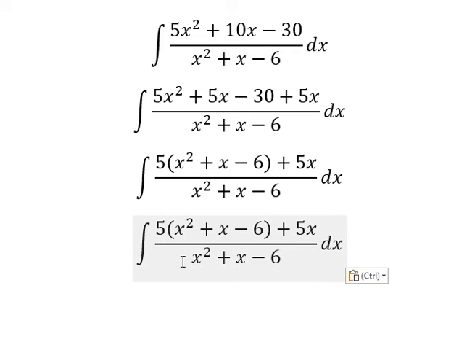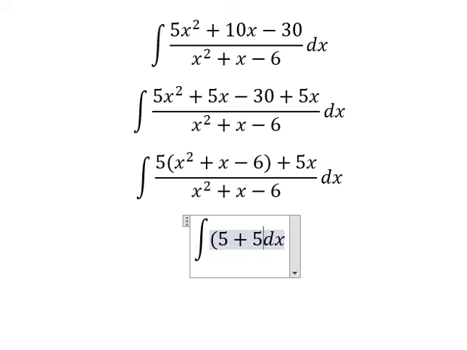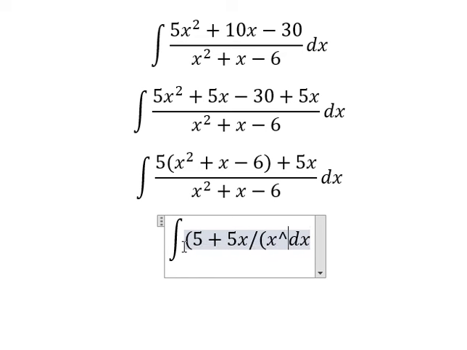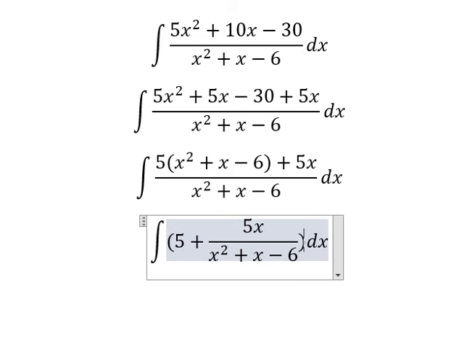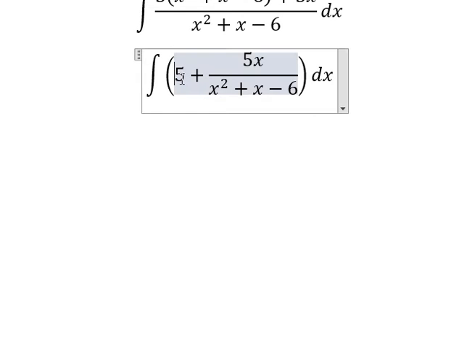Next, this one divided by this one, so we have number 5. Next, the integration of number 5, we have 5x.